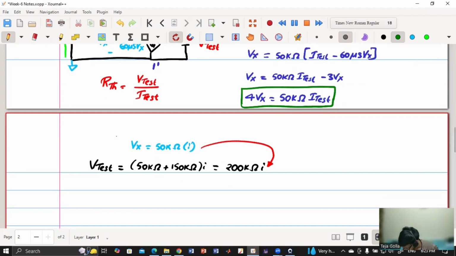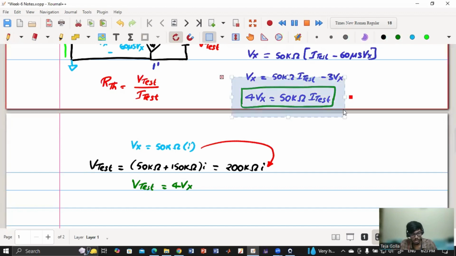You will be getting V test is equal to 4Vx, isn't it? You people agree? Or any doubts? I have just used those two equations to get this.